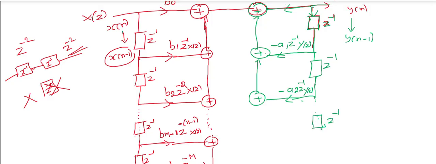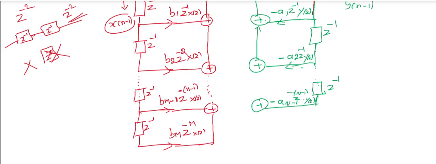Again z inverse. So what is the coefficient? Minus a n minus 1, minus a n minus 1 z power minus n minus 1 into y of z.